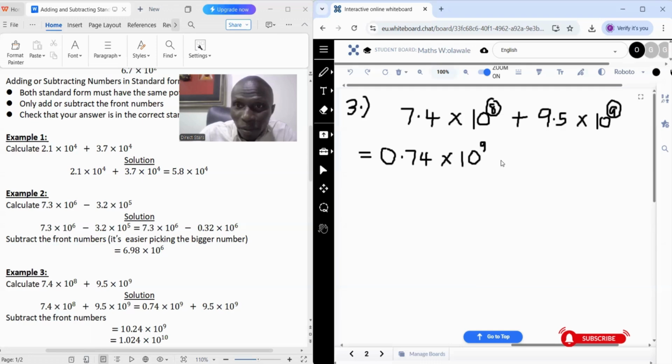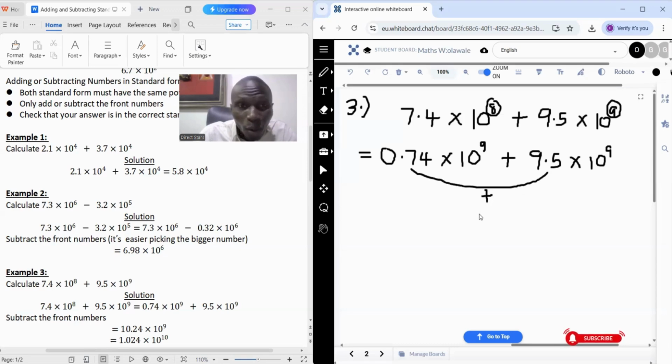Then plus 9.5 multiplied by 10 raised to the power of 9. So looking at this now, we have the same powers. Then we can add up the front number.